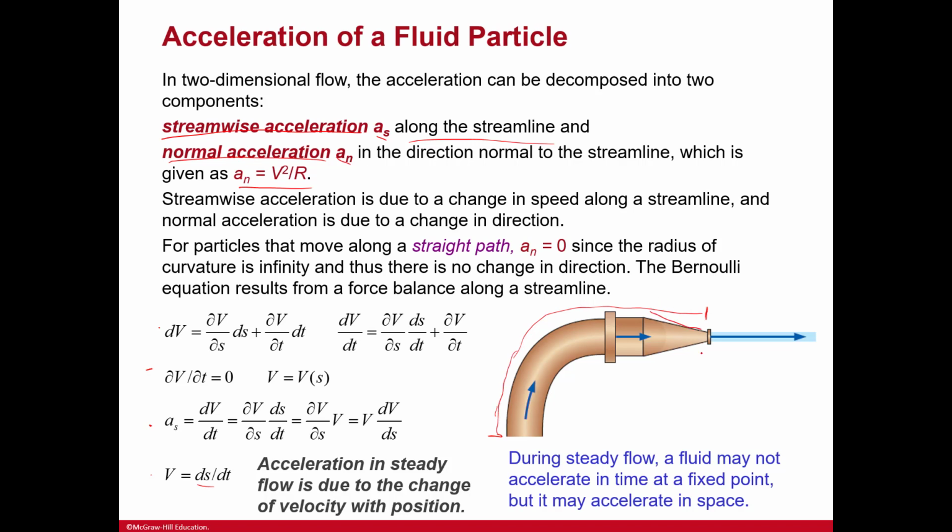And we know that because the particles speed up as they exit the right side of this nozzle. And here's a little note: for particles that move along a straight path, a_n, the normal acceleration, is 0, since the radius of curvature is infinite and thus there is no change in direction.